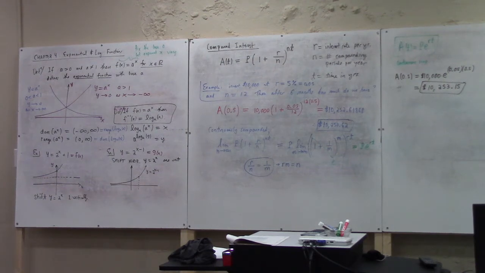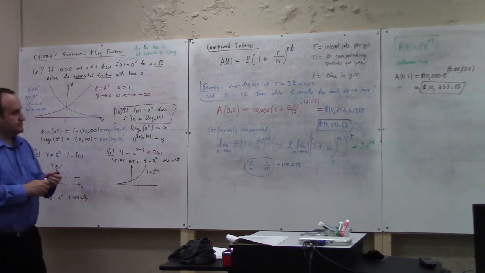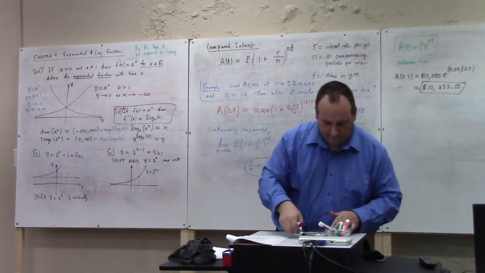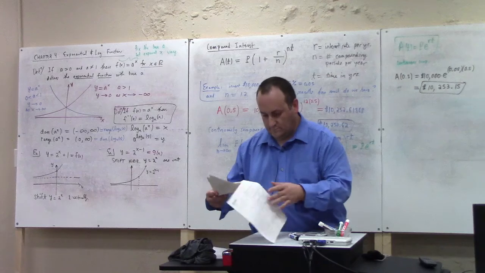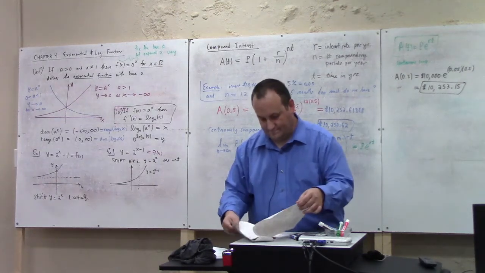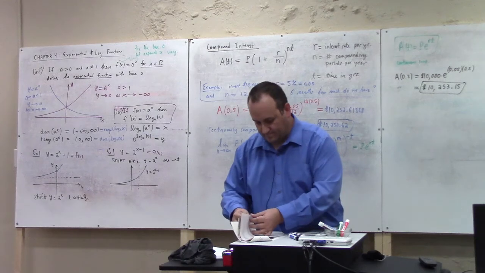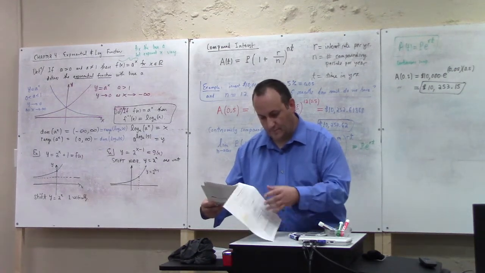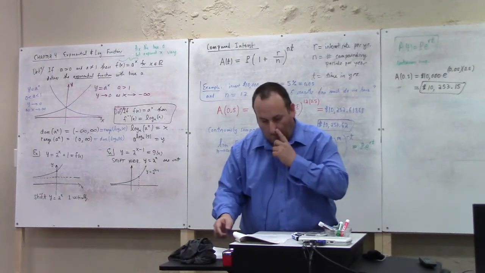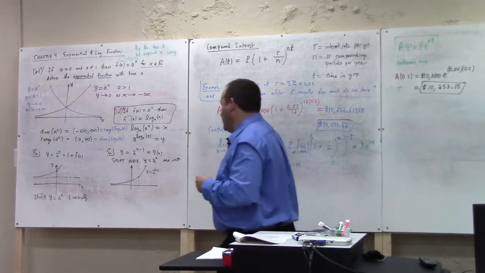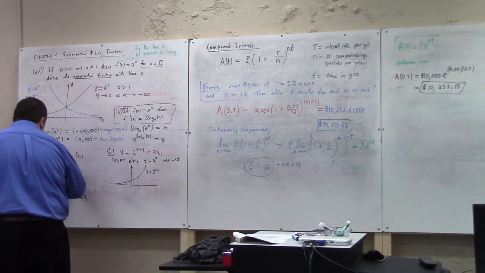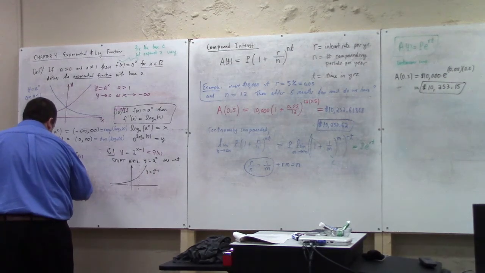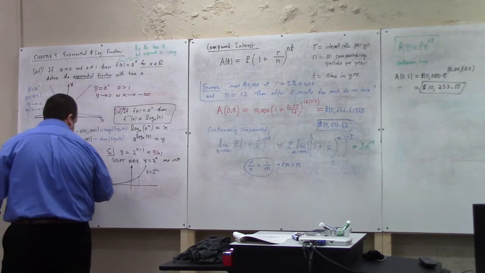What would the range of f of x be here? 1 to infinity, yeah, exactly. So the range of f of x is 1 to infinity. What about the range of g?